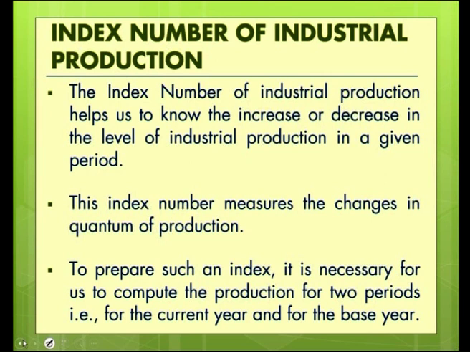This index number measures the changes in quantum of production. To prepare such an index, it is necessary for us to compute the production for 2 periods, that is we have to take into account the current year production and the base year production.